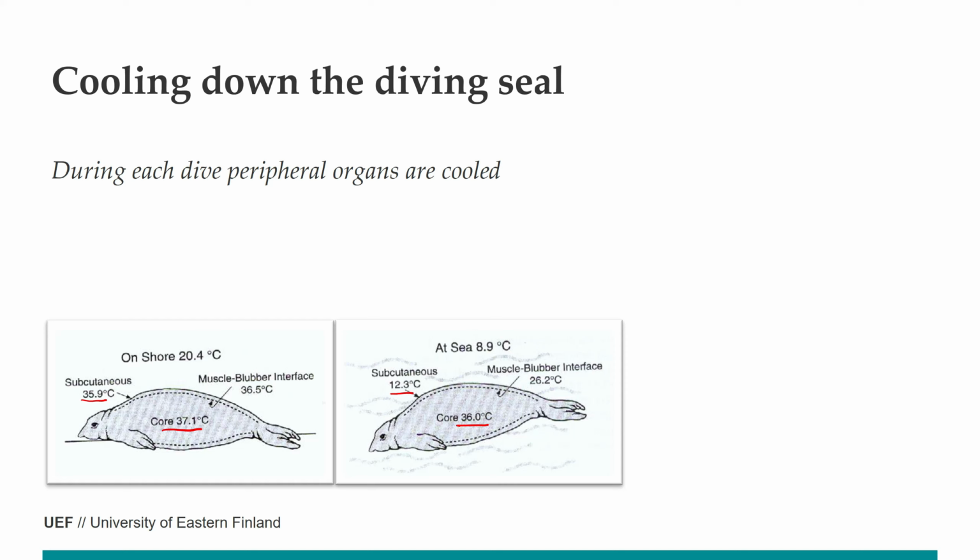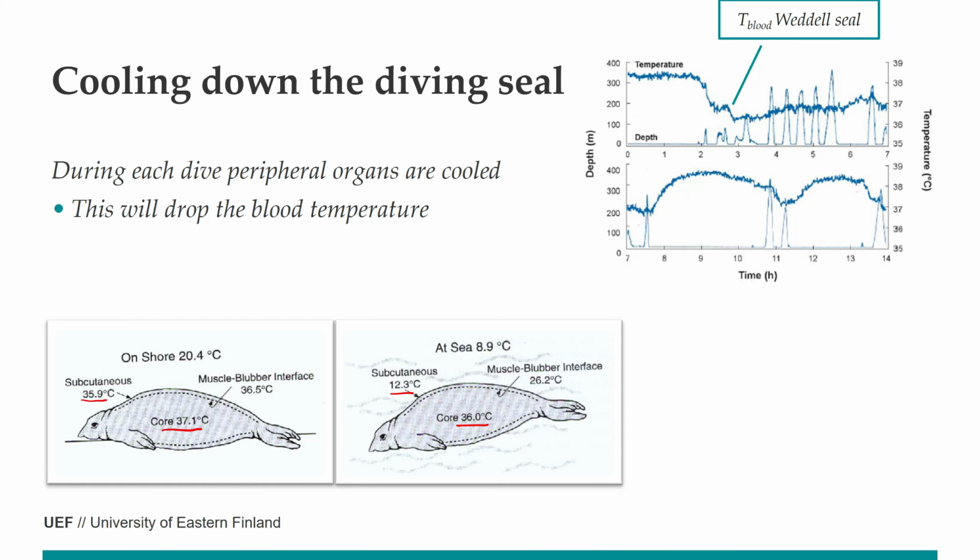So the peripheral organs are cooled, and that will drop the blood temperature. This is on the Weddell seal, so every time it dives, it will lower the blood temperature.